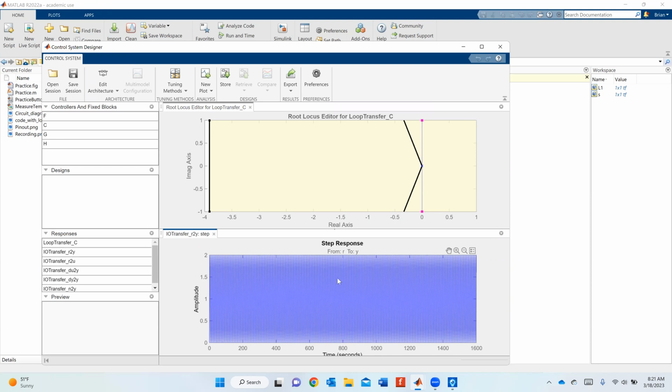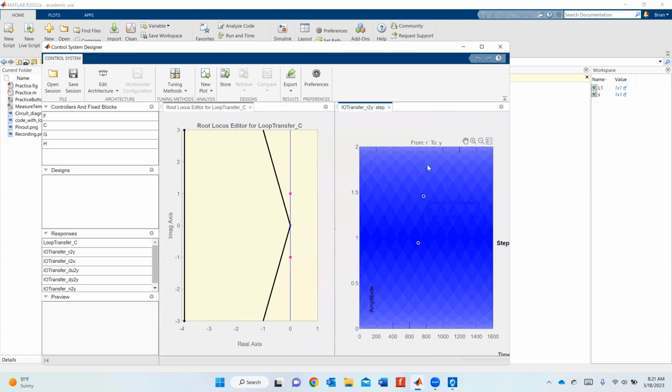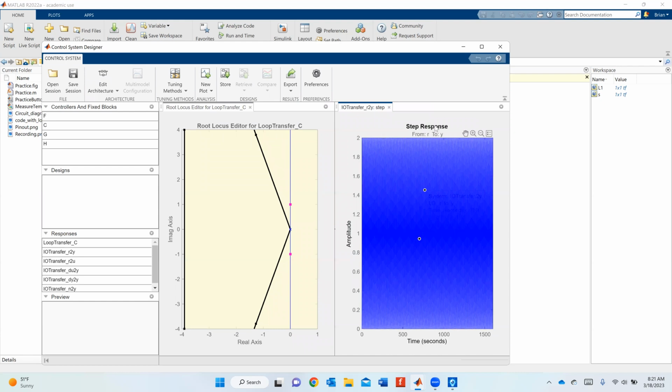Okay. And then here for my step response, we have to make sure those design requirements are met as well. So I'm going to right click my step response. Let me put these side by side. And so let me put this over here. And so for my step response here, I'm going to want to add a design requirement. Oh, I don't want to click a point.